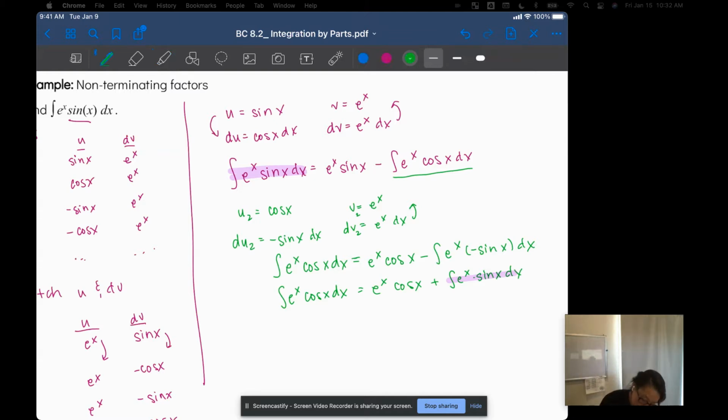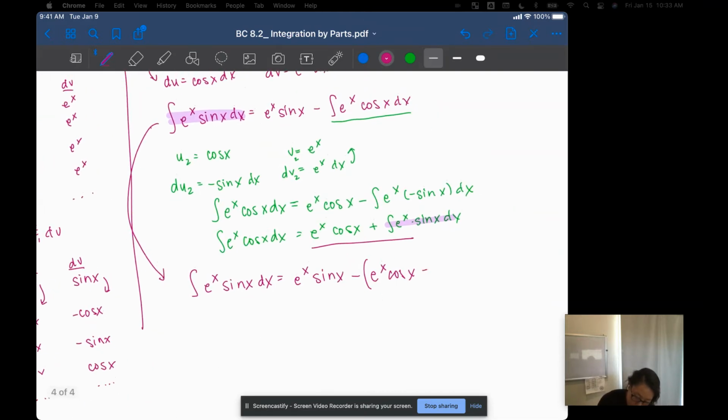So let's combine these. The integral of e to the x sine x dx is equal to e to the x sine x minus, oh wait, all of this is being subtracted, so minus e to the x cosine of x plus the integral of e to the x sine of x dx.